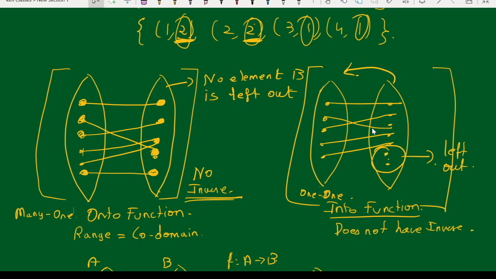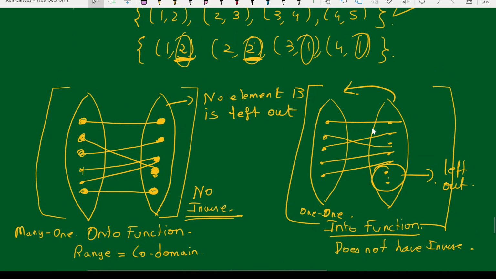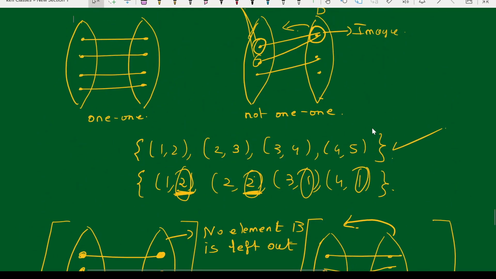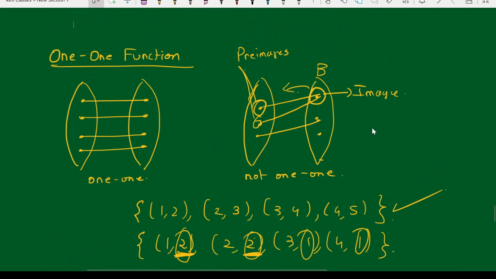Now let's check an example of 1-1 onto. That is the only one left. So this one is a 1-1 function as well as onto. Does its inverse exist? It will exist, because in the opposite direction there is only one image. All the elements have an image, plus the images are unique.